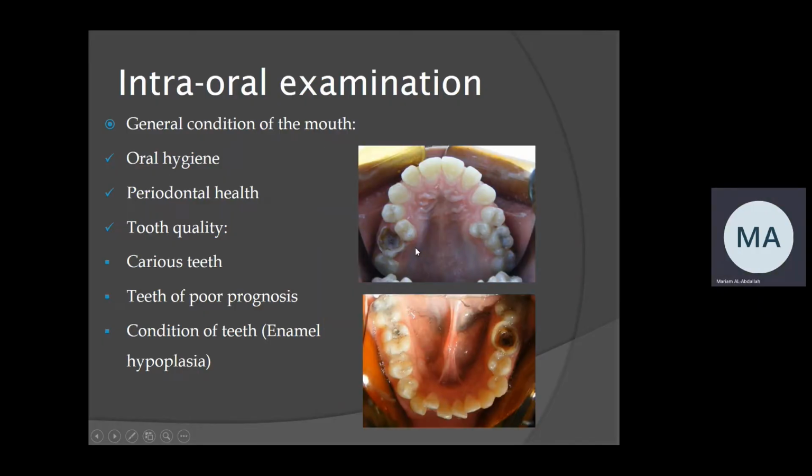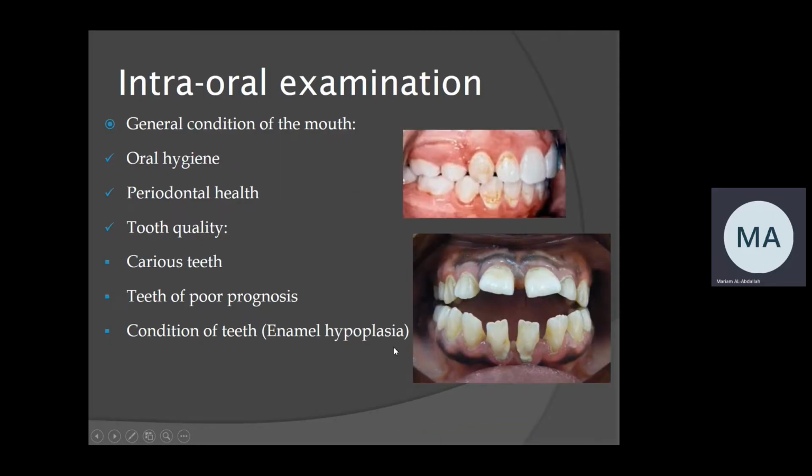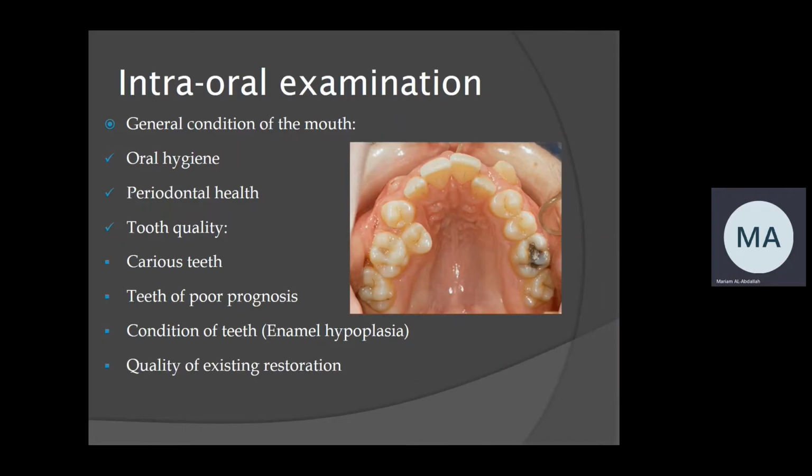Badly destroyed 6 in the upper right quadrant, lower left quadrant poor 6, lower right one filling and recurrent caries, etc. So these are important features to be recorded. A patient with enamel hypoplasia, and a patient with poor oral hygiene and gingival recession affecting the lower central incisors. So we have here fillings.